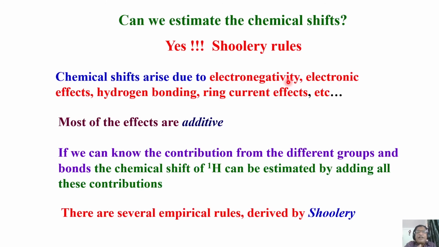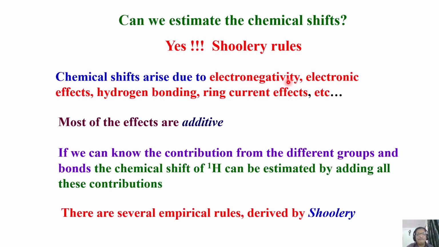Then where do you add it? You must have something to start with, right? There is a base chemical shift given for a particular group by Jim Schoolery. With the base chemical shift, you look at the other groups which are present and find out their contributions, which have already been empirically determined, and keep on adding these values to get the final total value.